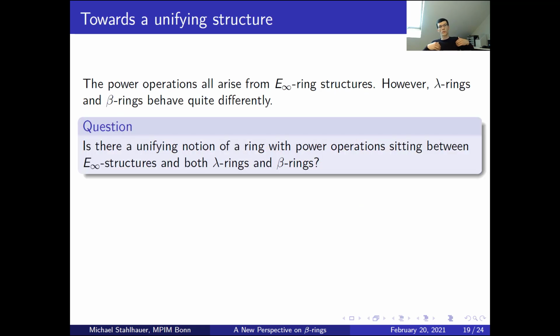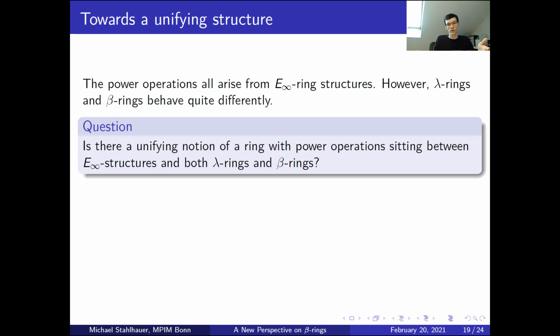Okay, but we talked about how all these power operations arise from common structure on the ring spectra, which are underlying or which are representing cohomology, and this was an E-infinity ring structure. However, the algebraic structures are quite different.